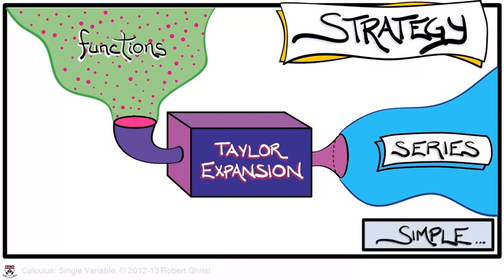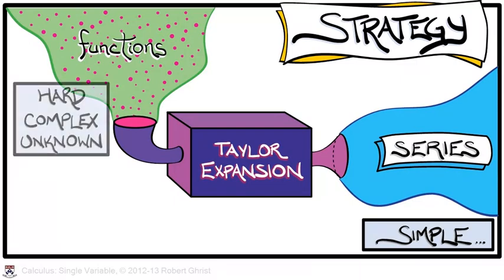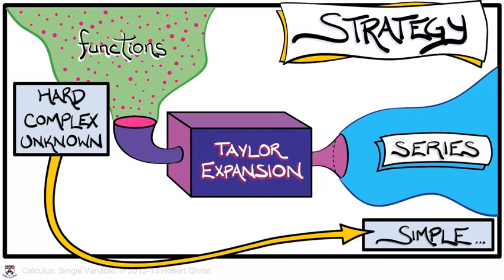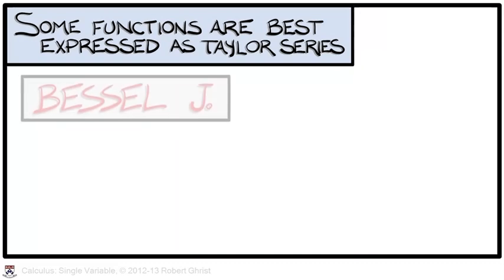Well, series, thought of as long polynomials, are very simple to work with, whereas some functions can be obtuse, very difficult, maybe even unknown in a specific form. Taylor expansion helps us to convert such objects into an easier to work with form. Indeed, some functions really can't be defined well except as a Taylor series.